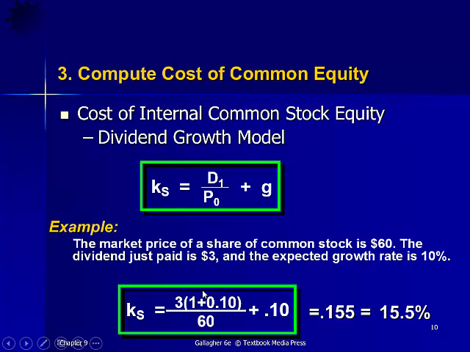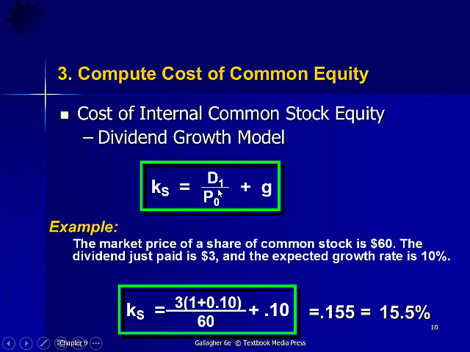Note this adjustment right here. We took the $3, which was the dividend just paid, and we multiplied by 1.10. This causes the $3 to grow by 10% from $3 to $3.30, which is our numerator, and we divide by 60 and we add 0.10.